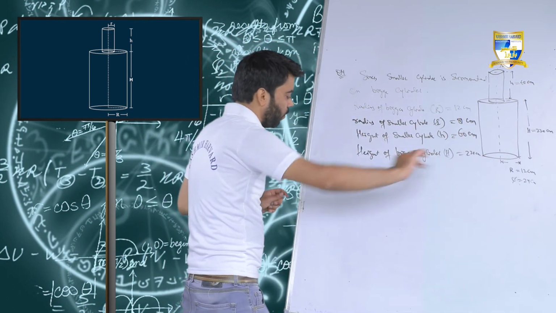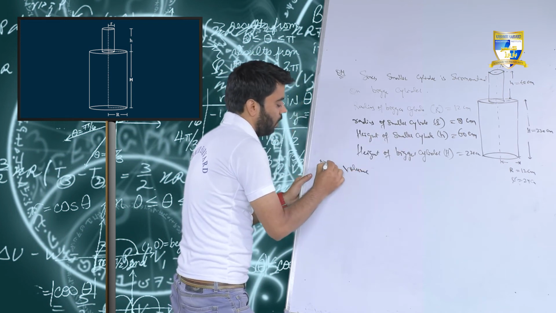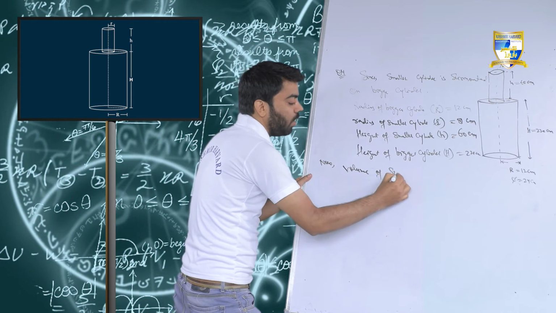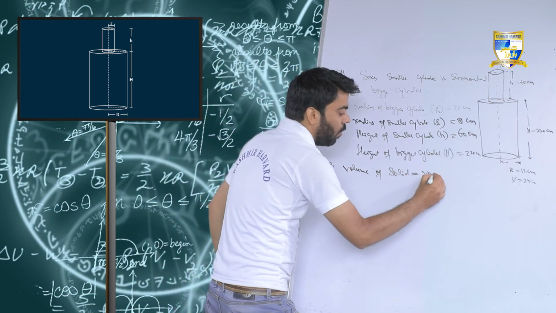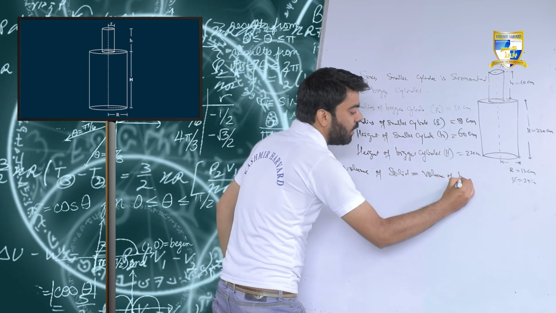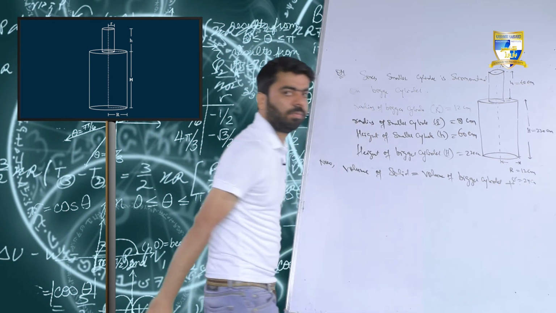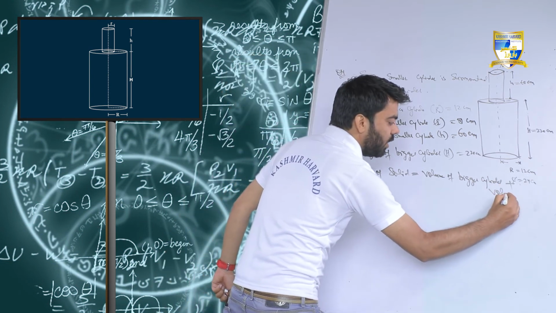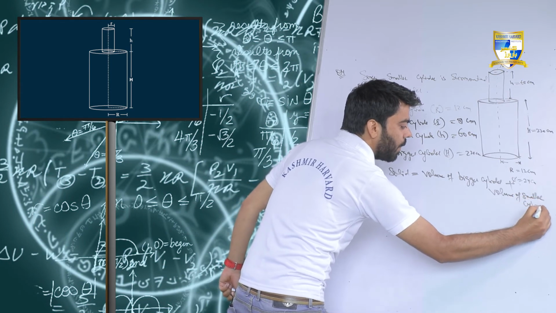Now, volume of the solid. Volume of the solid, composed of two, is equal to volume of the bigger cylinder plus volume of the smaller cylinder, right?